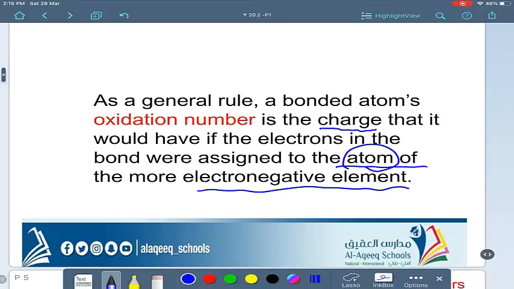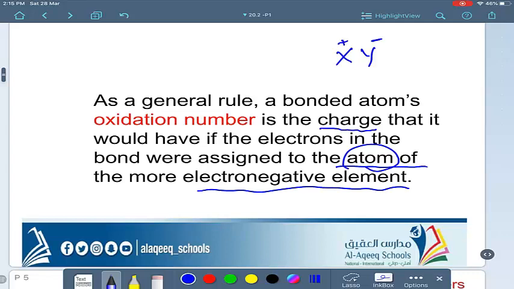If you have a molecule containing covalent bonds, not ionic bonds, the charges are not complete charges but partially charged atoms. So in a compound XY, the element that has higher electronegativity, like Y, for example, has a negative partial charge. The other atom has positive.